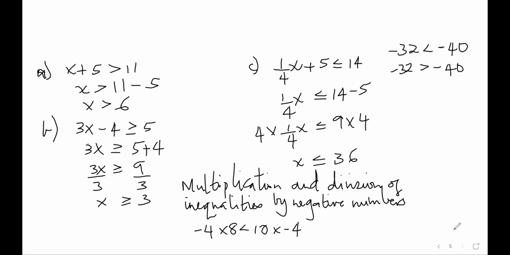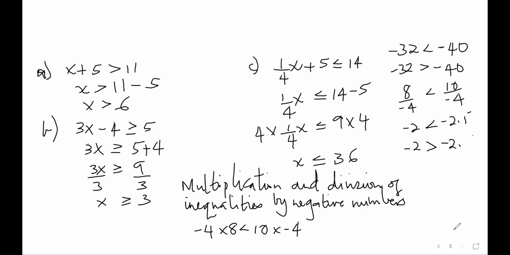Same applies to division. If we divide 8 by -4, this will give us -2 being less than -2.5. And we know that -2 is not less than -2.5. So that means whenever we are multiplying or dividing using negative numbers, we reverse the inequality signs.